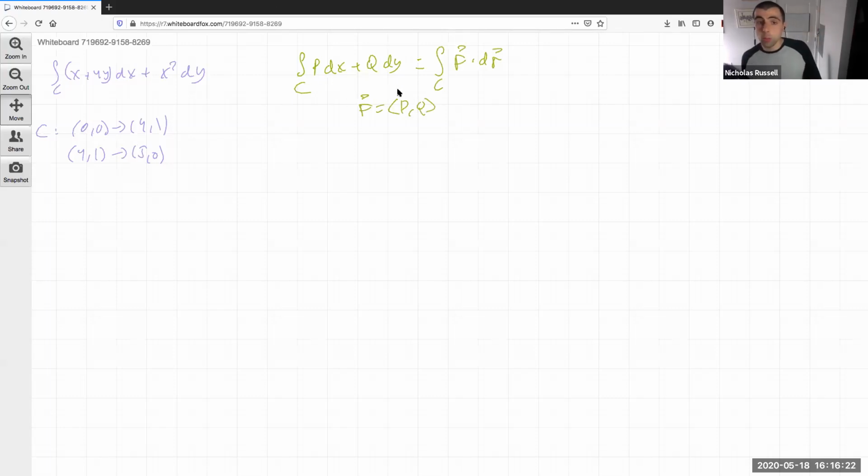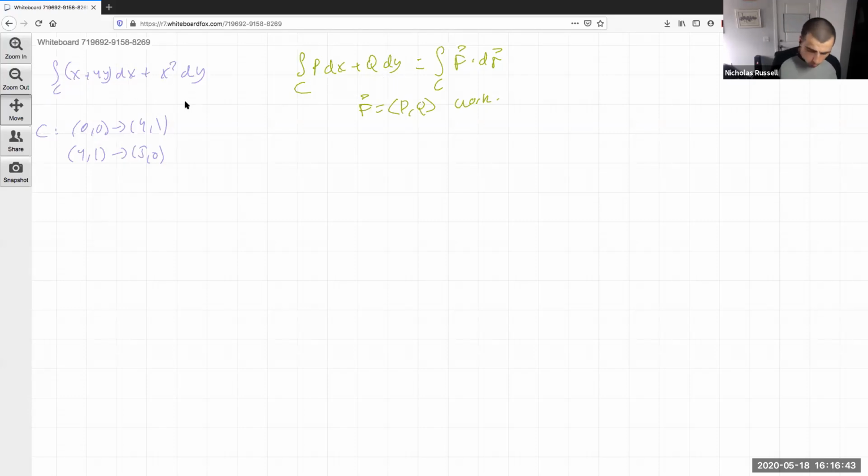P dx plus Q dy can be written as the integral of F dot dr. These are equivalent, and so this is a work integral. This is the amount of work it takes to move an object around a vector field over my curve C here.